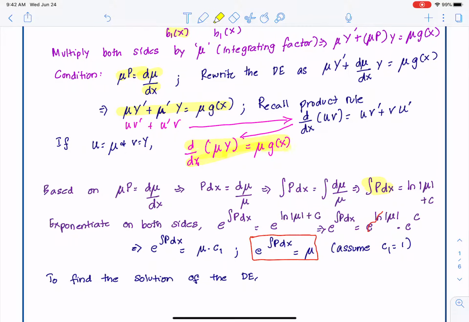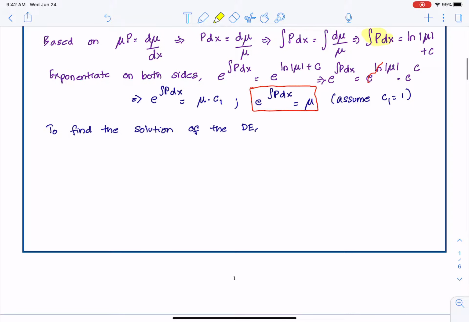After all the things that we did using the product rule, the assumption, we took the original DE and we rewrote it that way, d over dx of mu times y equals mu times g of x. So I'm going to go back to that equation and rewrite d over dx mu y equals mu of g of x.